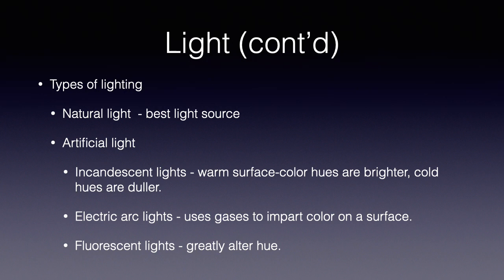Have you ever seen someone dye their hair and you see their hair in natural sunlight versus artificial light, right? Sometimes it looks like two totally different colors. And this is all, again, just based upon the light source, right? So the light source is changing the way that color appears.